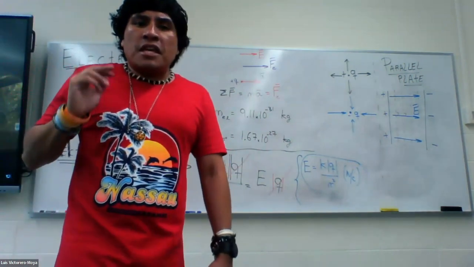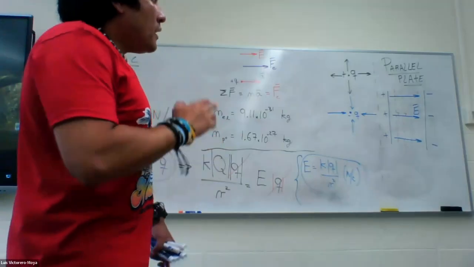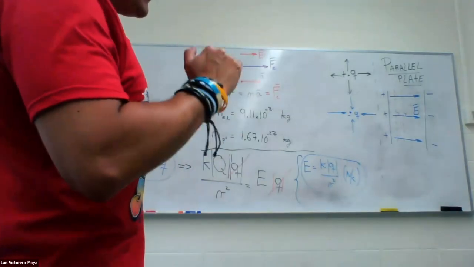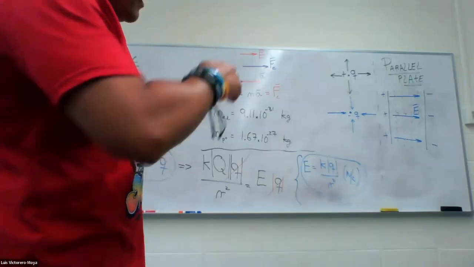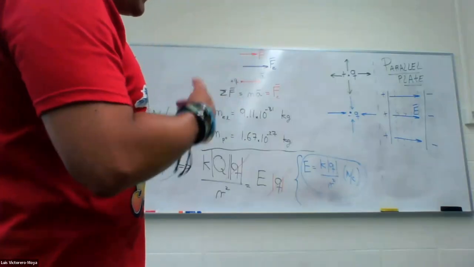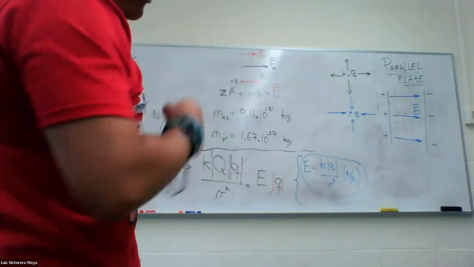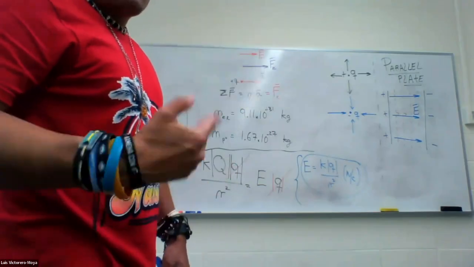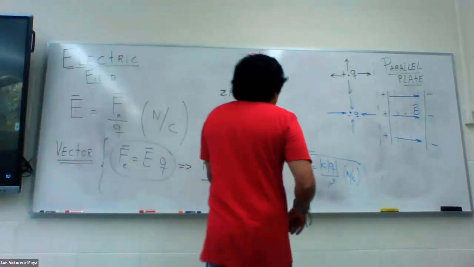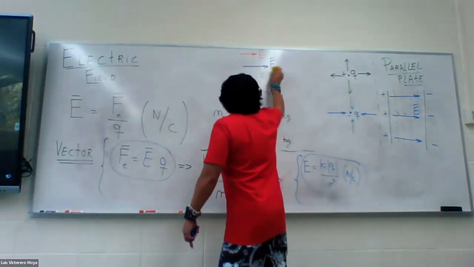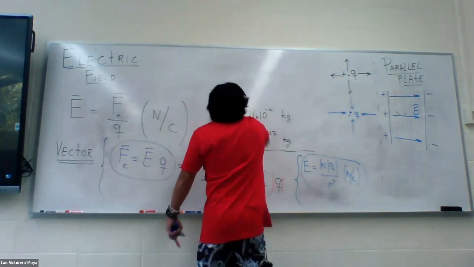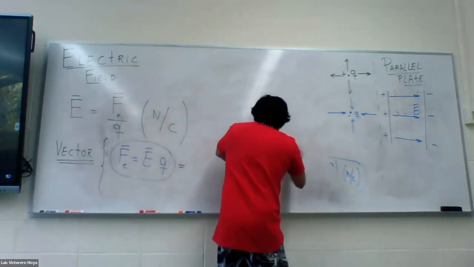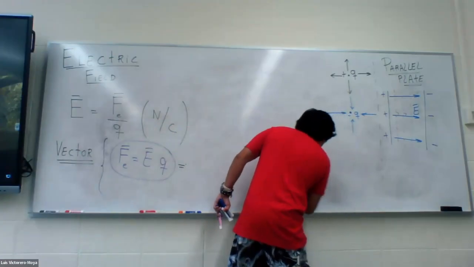So that's a situation that we have. The main thing that I want you guys to take from this is that the electric field goes from positive to negative, and that we can trace electric field lines between positive charges and negative charges, depending on the geometry we give it. So how about 2-point charges? Can we also do that? Yes. We can analyze the electric field lines between a positive and a negative charge.